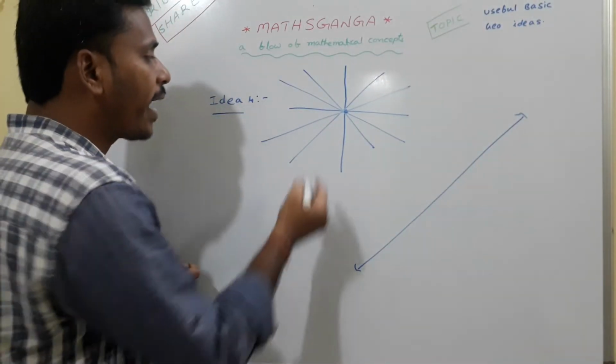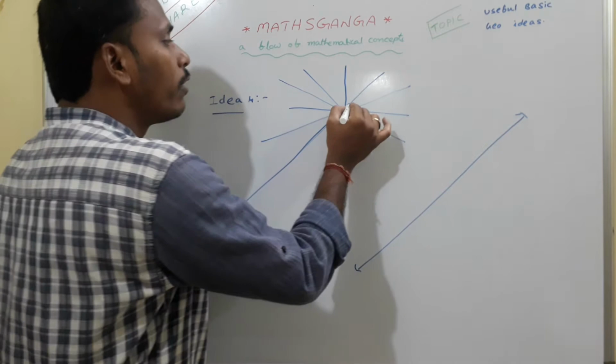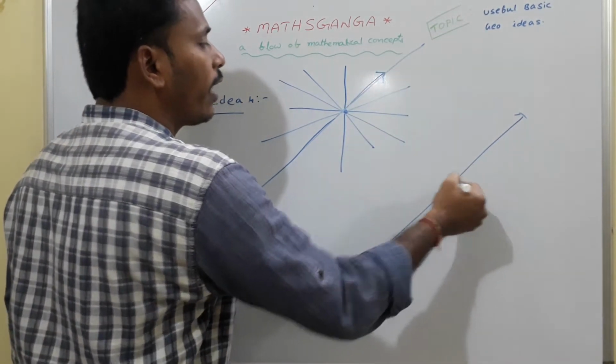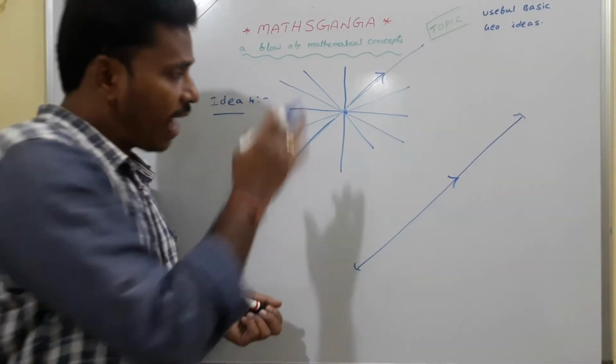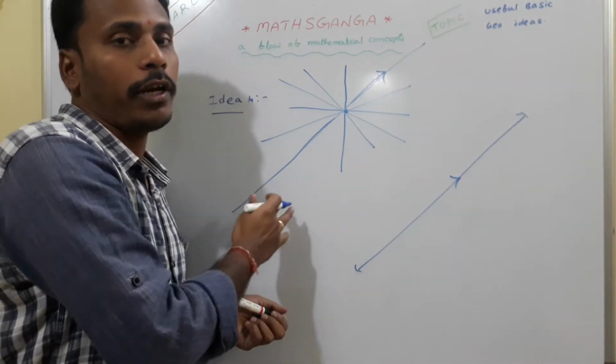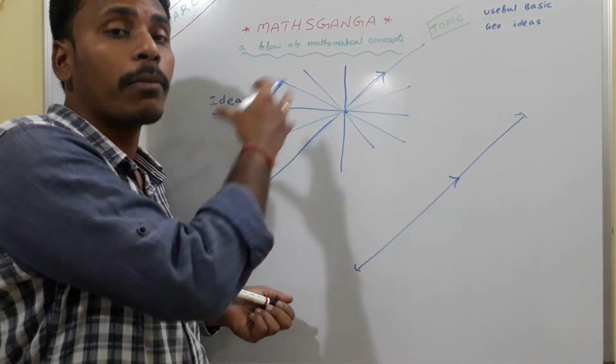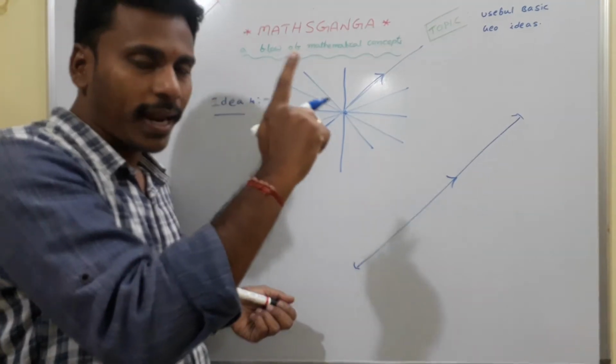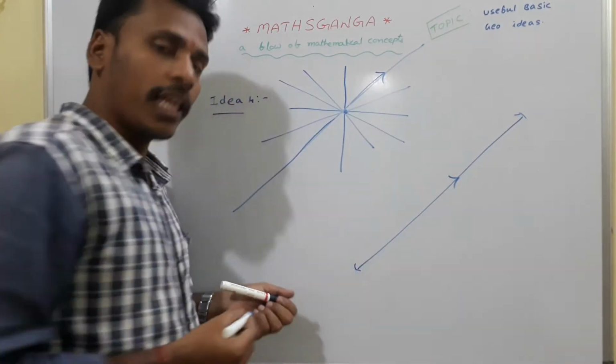But surely we can identify one line which is parallel to the given line. I have a line and a point. There exist infinitely many lines passing through that point, but among all those lines, surely there exists one line which is parallel to the given line.